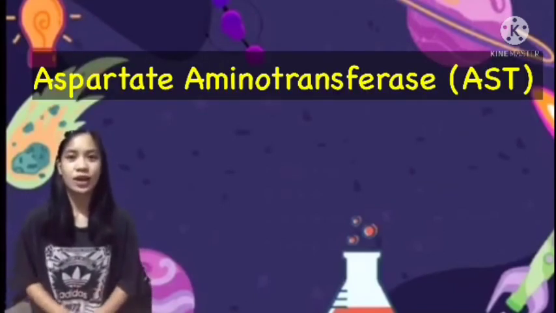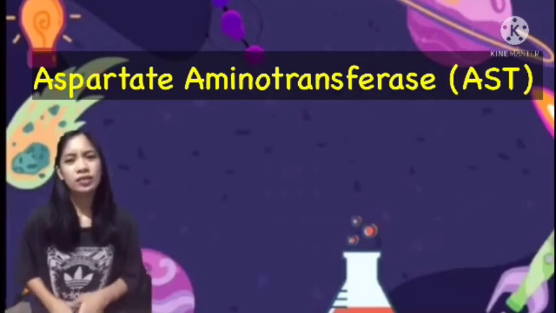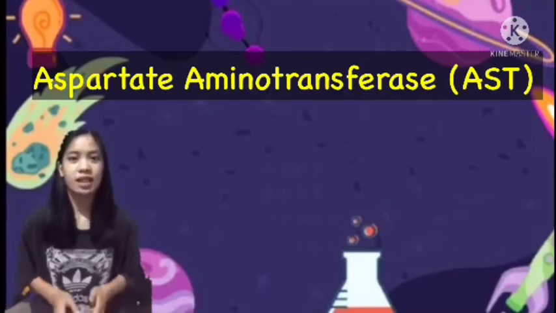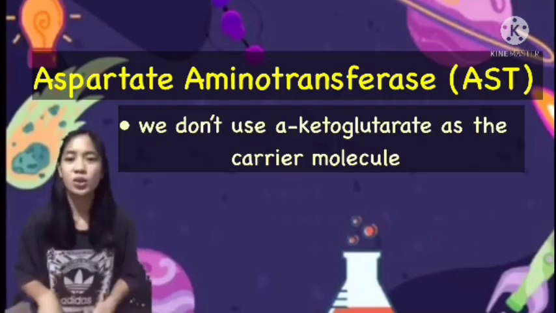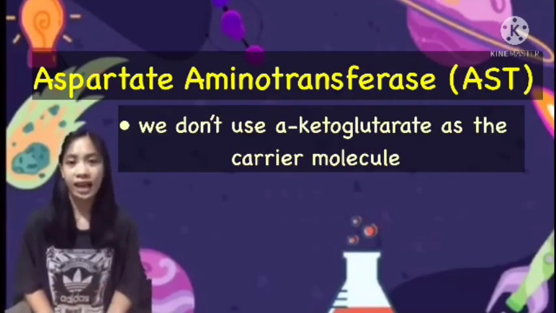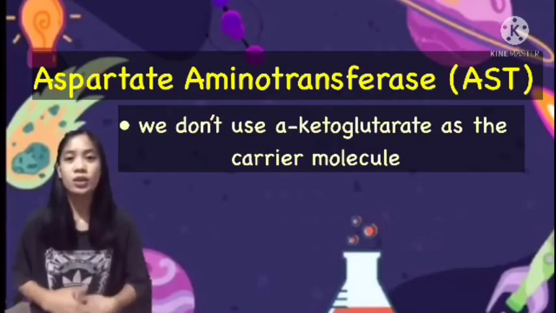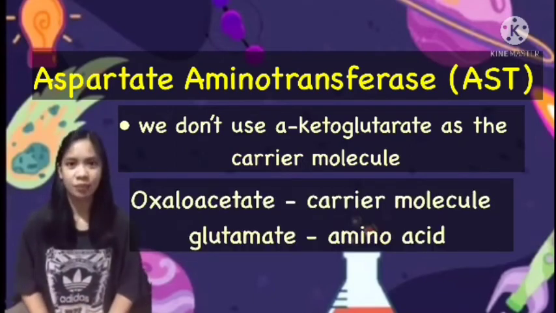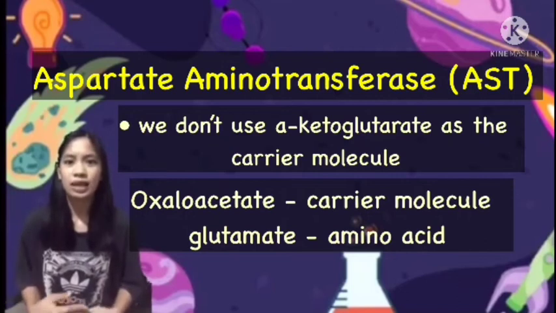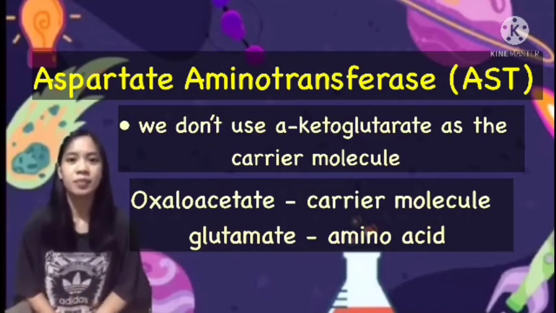Next is the aspartate aminotransferase, or the AST. We have exceptions to the rule, and this is one of them. Why? Because here we don't use alpha ketoglutarate as the carrier. Instead, we use another carrier molecule, namely the oxaloacetate. And the amino acid that we act on is the glutamate.